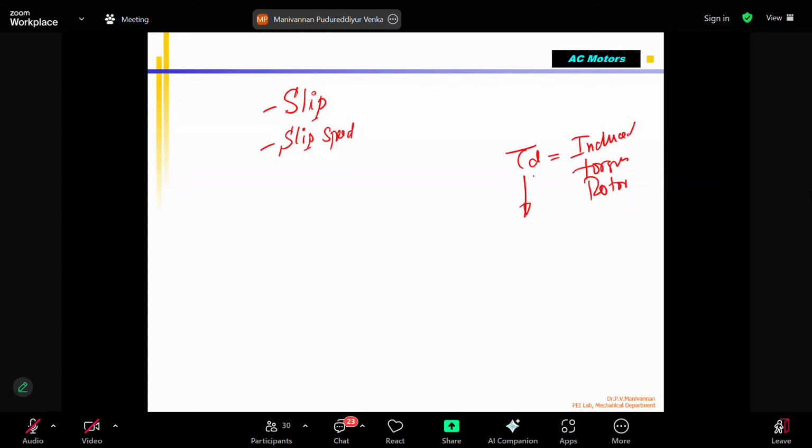Then there is a rotation, the rotor is rotating, with speed omega R. Because of this, we get the power P induced, which is equal to the induced torque times the rotor speed. But this is not going to be the same as the power at the shaft. P shaft will always be lesser than the induced power because there are other losses.